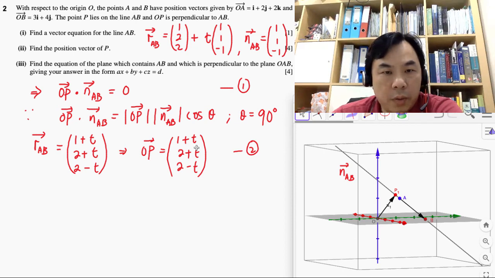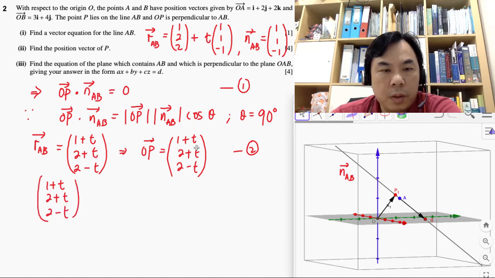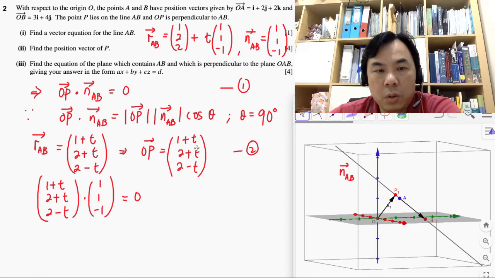So therefore we have 1 plus t scalar product with the direction vector. As I mentioned before, the direction vector is there, equal to 0. So all I need to do is just solve this equation.